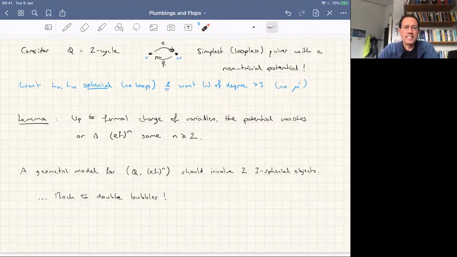And then it's an easy check that up to formal change of variables, the potentials you can have are just the monomials (EF)^n for some power n. So we would like to find geometric models for the 2-cycle quiver equipped with the potential (EF)^n for some n at least 2.